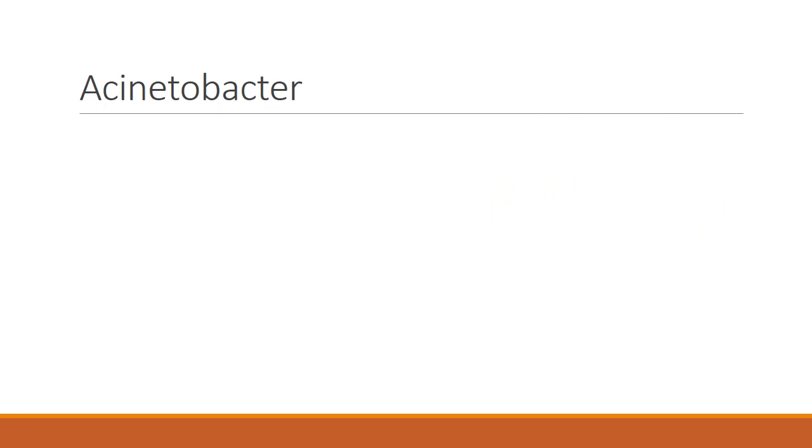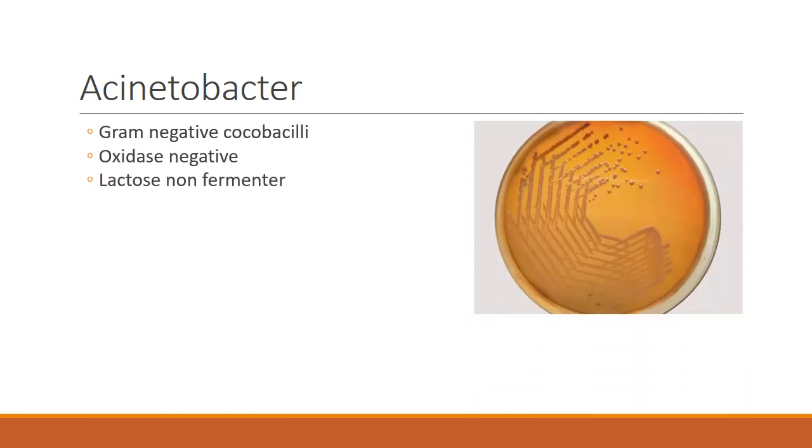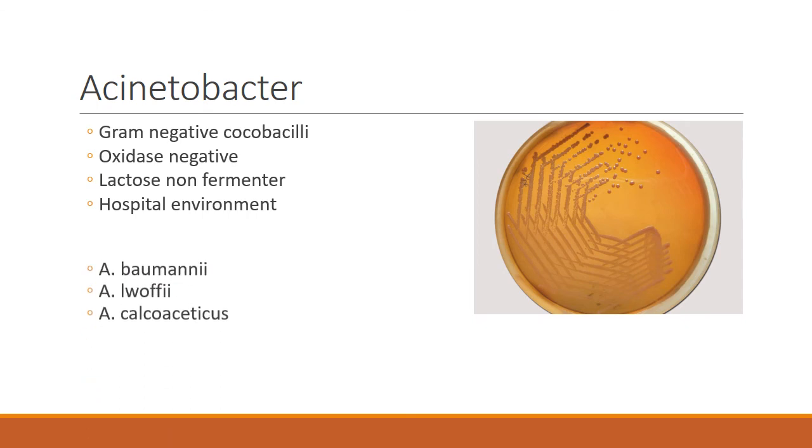Then Acinetobacter. Acinetobacter is a gram-negative coccobacilli. It is oxidase negative. Lactose non-fermenter, that means it shows a pale colony on MacConkey's agar. Acinetobacter is a saprophytic bacilli which is present in the hospital environment.